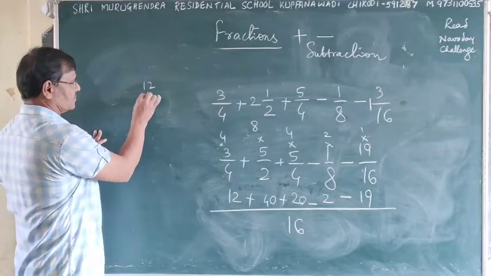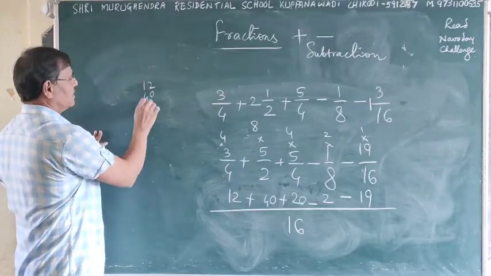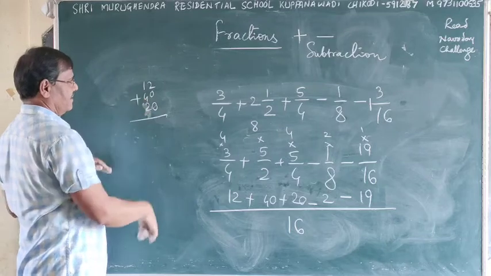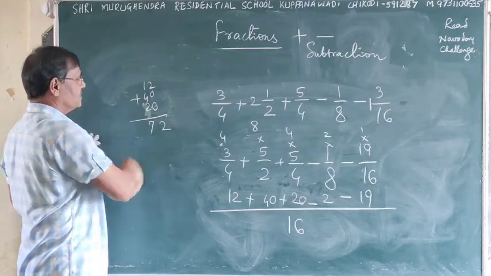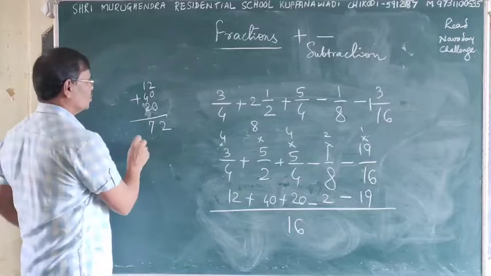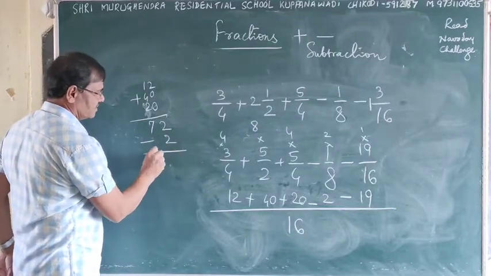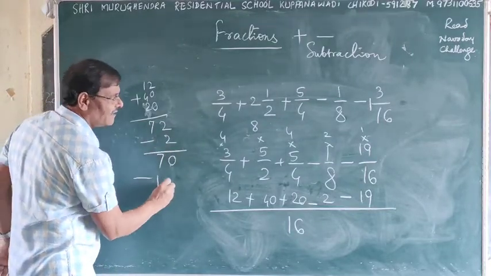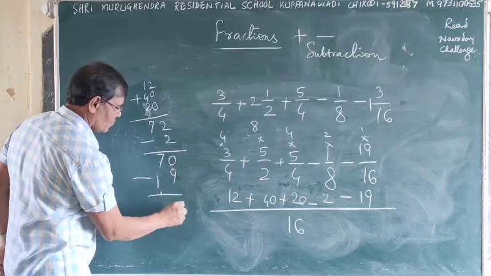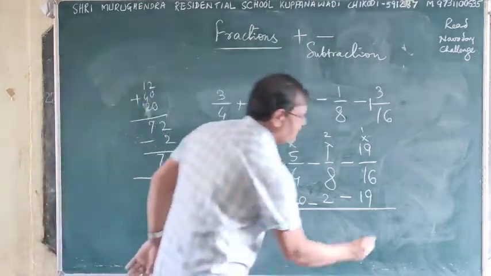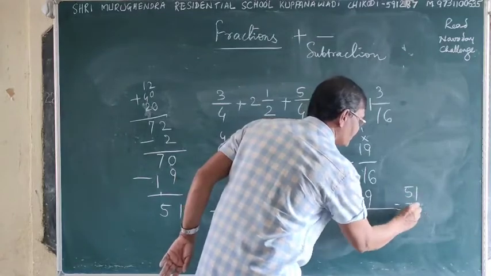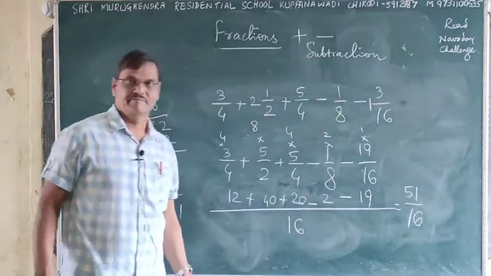See, 12 plus 40 plus 20, 72 minus 2, 70 minus 19, 51. Then what is this? 51 by 16.